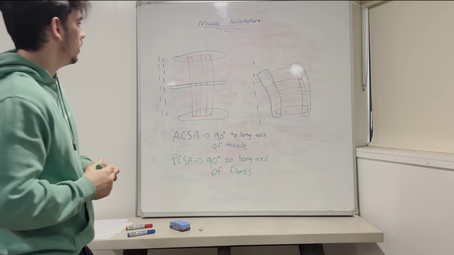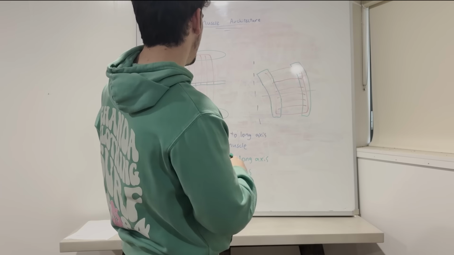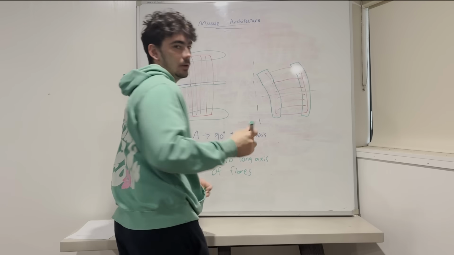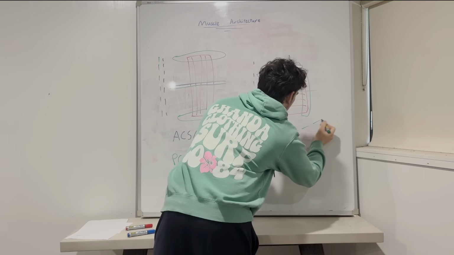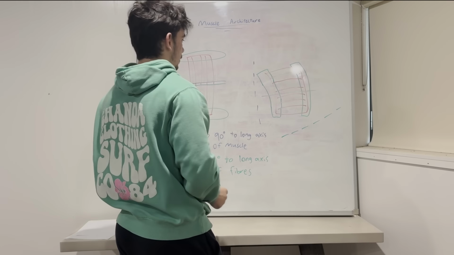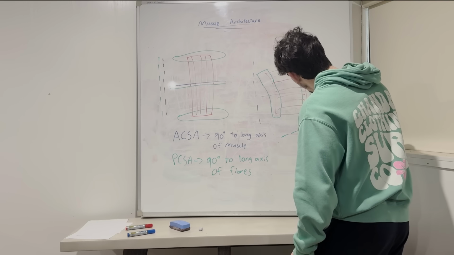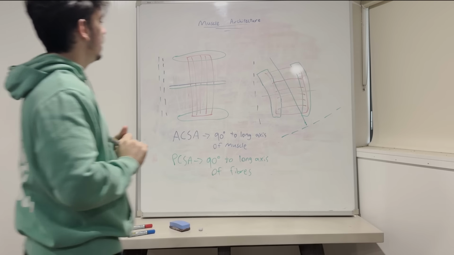But then it gets different over here. Which way are these running? They're running slightly on an angle up. At least they're supposed to. I've drawn it, so the long axis might be like this, because they're supposed to be a bit more diagonal, which means that the physiological cross-sectional area of this is right through the middle of the muscle again.